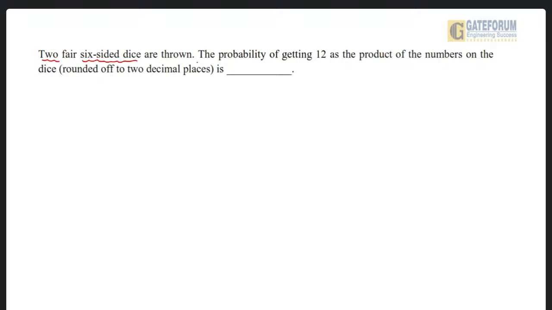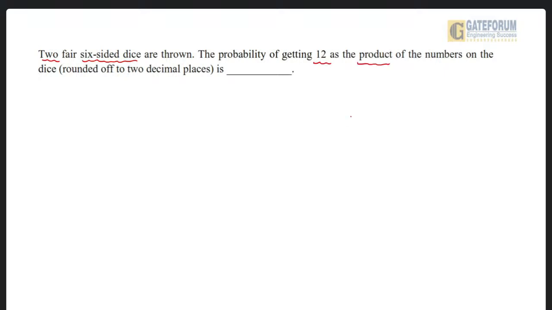That is the total sample space outcomes, n of S is equal to 6 square, 36. Now the event is getting 12 as the product of the numbers on the top faces, that is, the product of the upturned faces is 12.